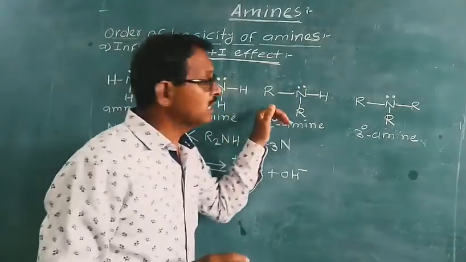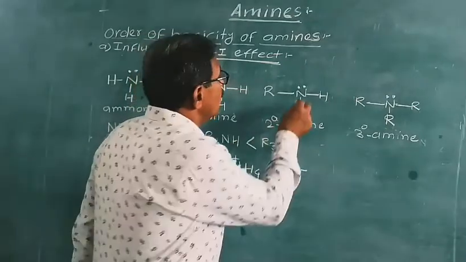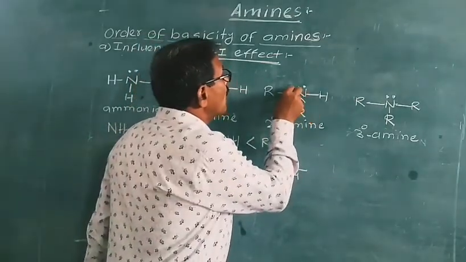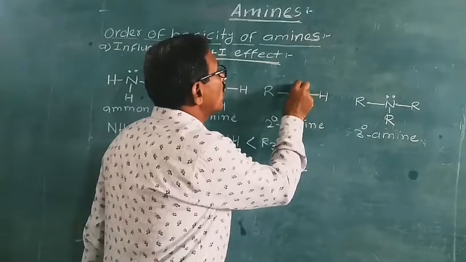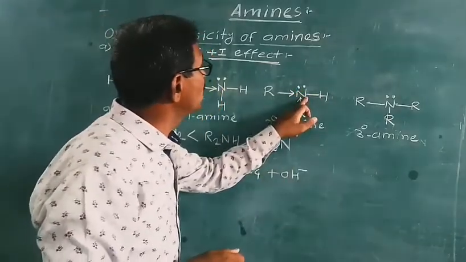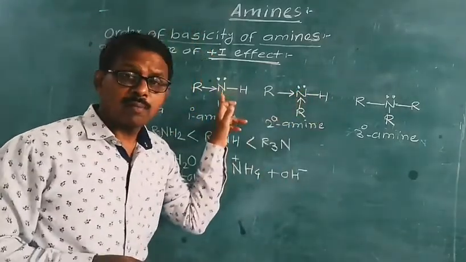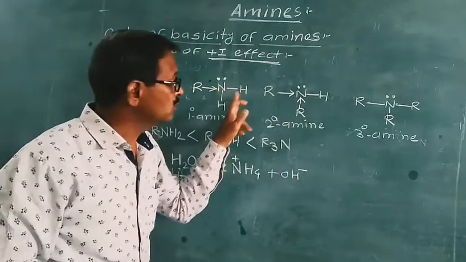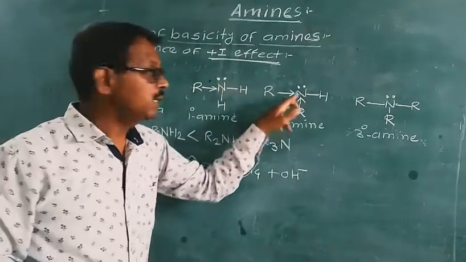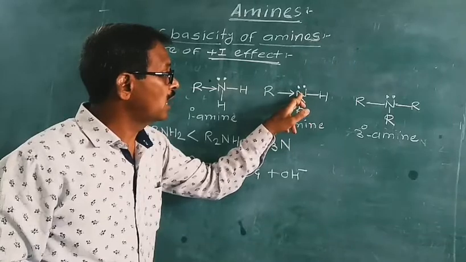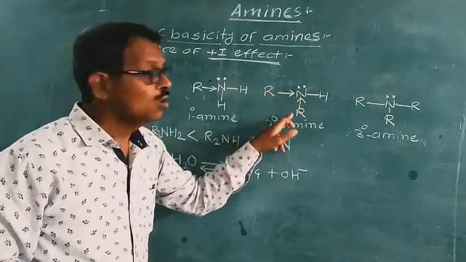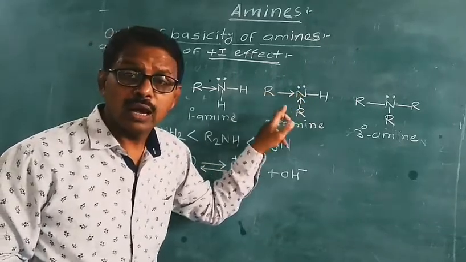But in secondary amines, this nitrogen can donate the lone pair of electrons, and it becomes more stable than primary amine, because this nitrogen atom is attached to two electron donating alkyl groups.